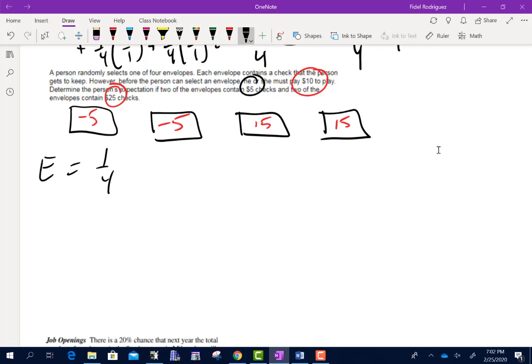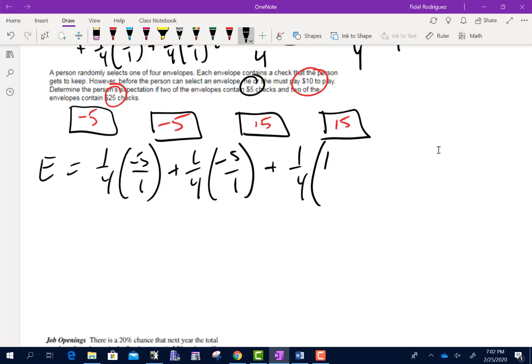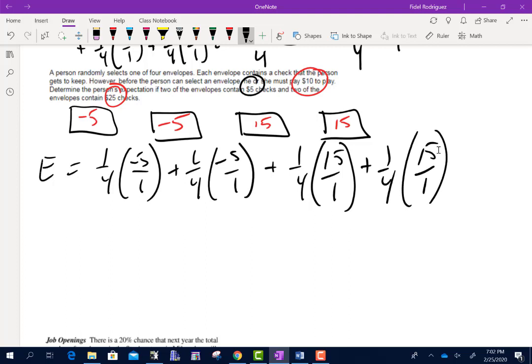1/4 times -5/1, and 1/4 times another -5/1, 1/4 times 15/1, and another 1/4 times another 15/1. Just like we did before, I know my denominator is going to be 4.